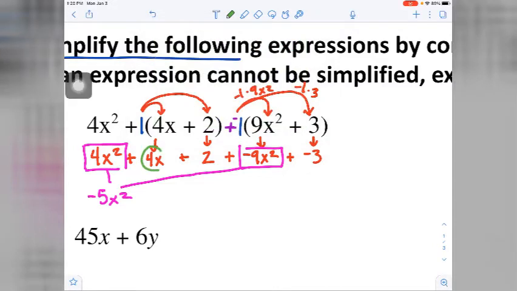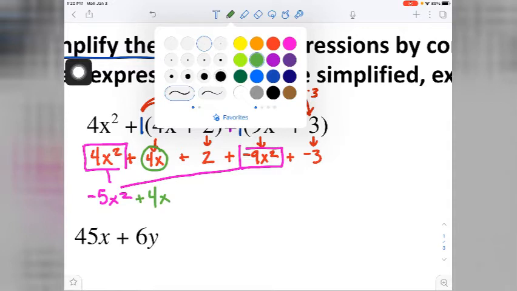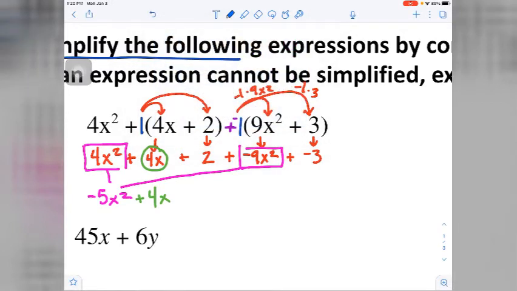Then we have 4x, and there are no other terms that are the same as 4x, so we're just going to rewrite that as we are adding 4x to the mix. I know I'm adding because there's a plus sign in front of it. And then the last terms that we have are 2 and negative 3, and they're all being added.